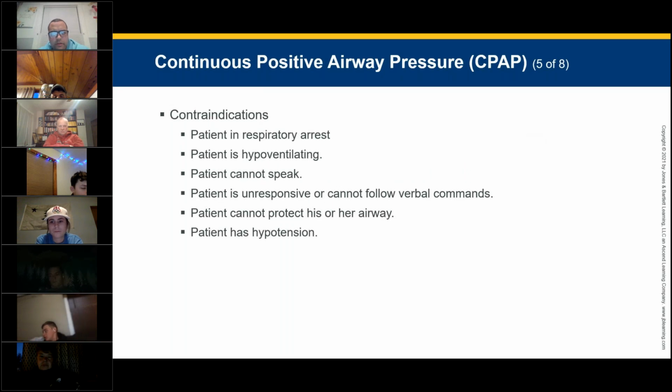Contraindications, times we're not going to use CPAP. Patients that are in respiratory arrest or have agonal respirations, a patient who is hypoventilating, hypo meaning not enough, a patient that can't speak, a patient that's unresponsive or otherwise unable to follow verbal commands, a patient that cannot protect his or her own airway, or a patient with hypotension or low blood pressure.